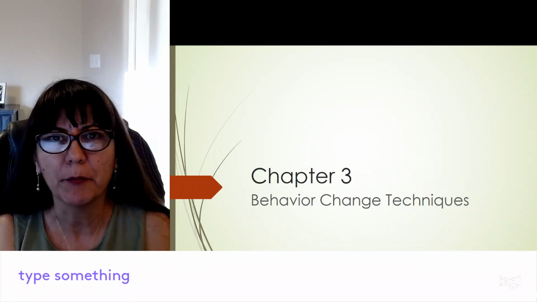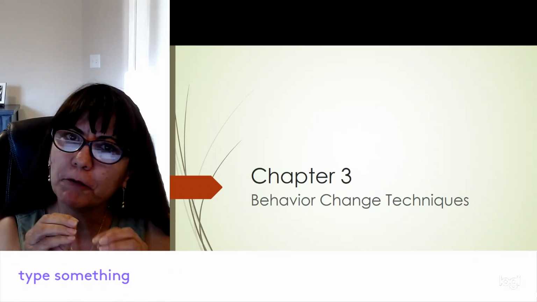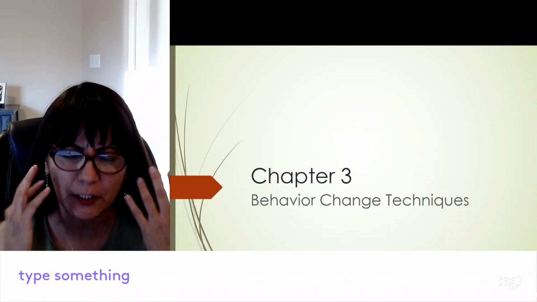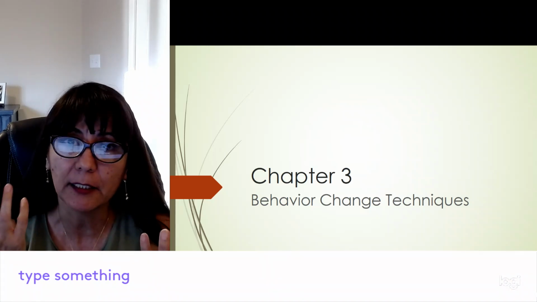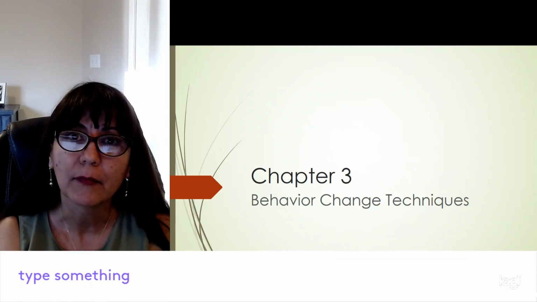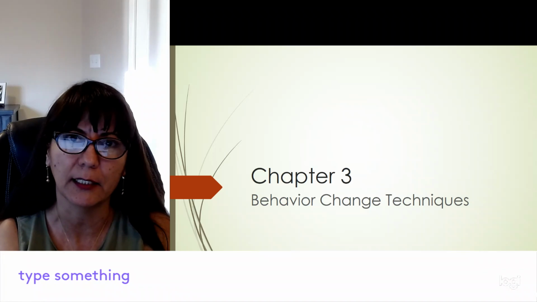So this chapter is really targeting how we are going to influence or affect those theoretical constructs, those psychological determinants, right, that influence human behavior. And so this book provides you with a variety of behavior change techniques.